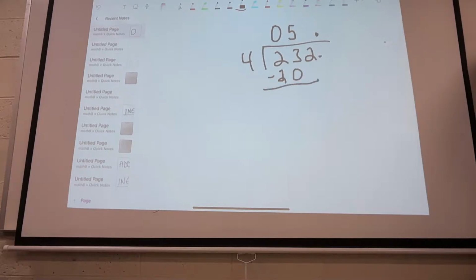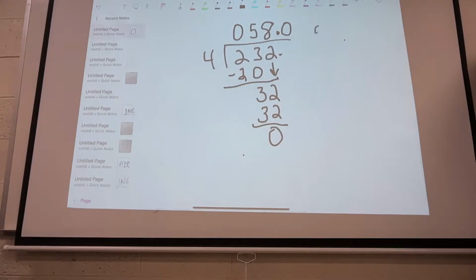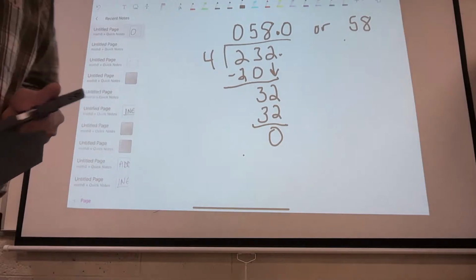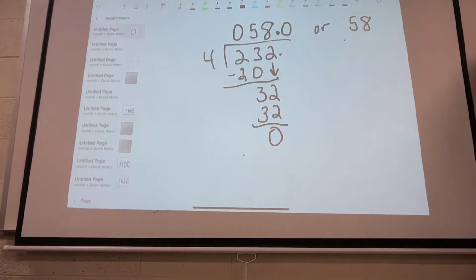We're going to subtract. 3 take away 0 is 3. 4 into 32. Because 4 times 8 is 32. 0. So you could call this 58.0, or most people just write it regular old 58. You could write any number 0.0 if you wanted to. Okay, good.